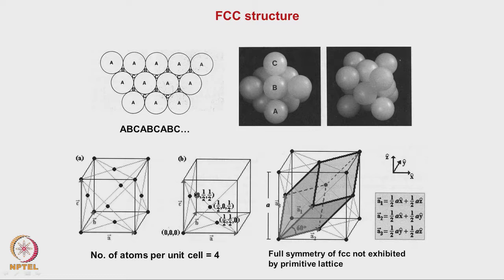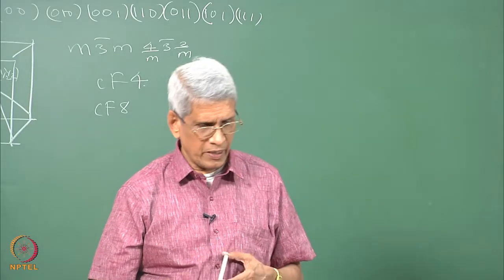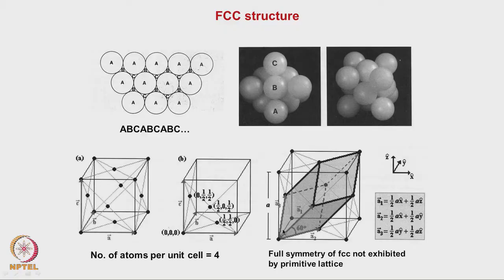Another way it can be represented is that you do not have to show all the atom positions, you just show the non-equivalent points where the atoms are going to be, that is 0 0 0, the coordinates are given here. Then this figure tells us about the primitive lattice of FCC. Here it is essentially a rhombohedral or trigonal lattice. This is one coordinate.